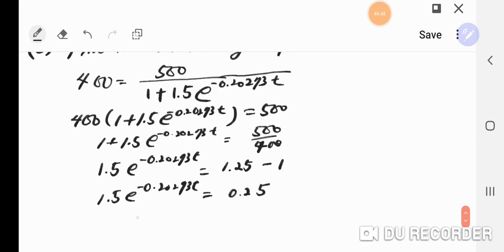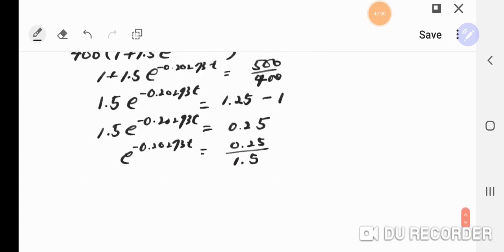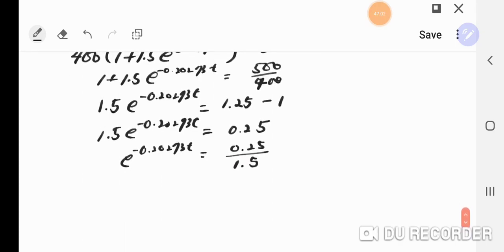Divide each side by 1.5, so negative 0.20273t is equal to 0.25 divided by 1.5. And then finally we take the natural logarithm on both sides.